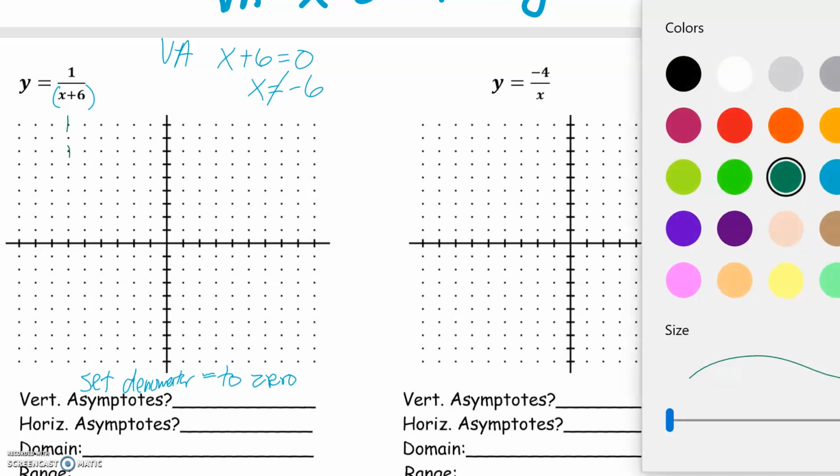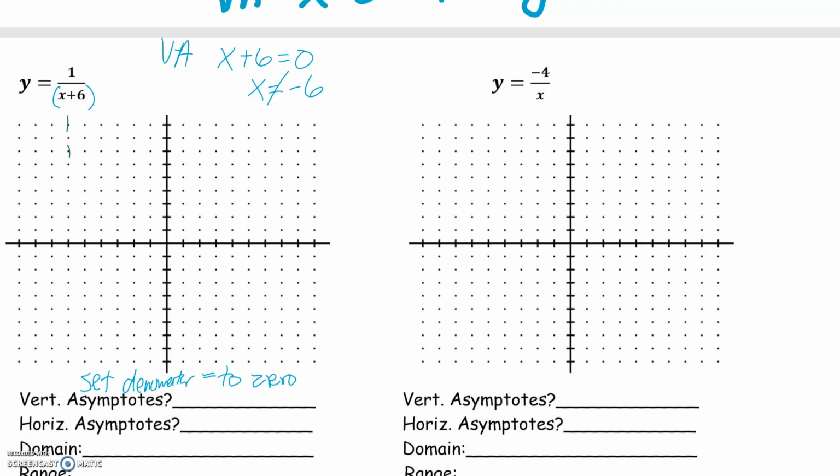Let's make that a little bigger. Okay, which makes sense because we talked about the denominator also changing the parameters left and right, and this is going to be opposite, so it's going to shift the entire equation left 6.